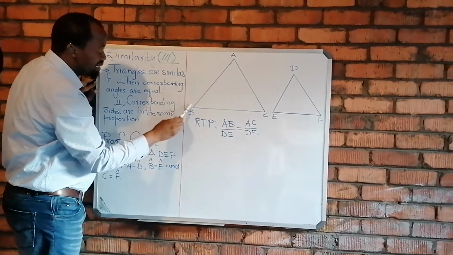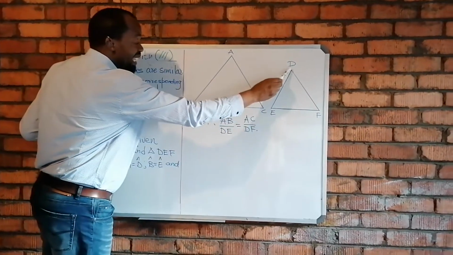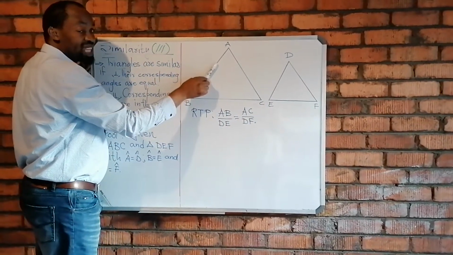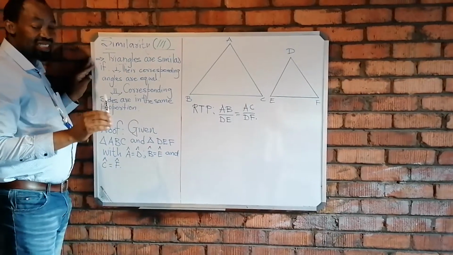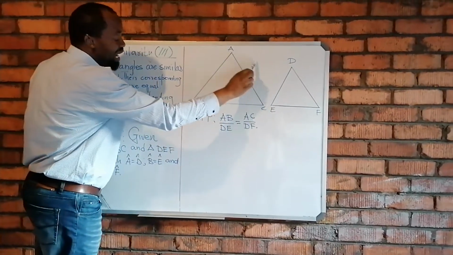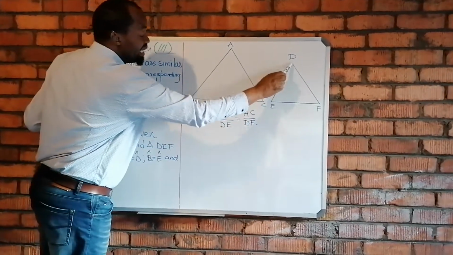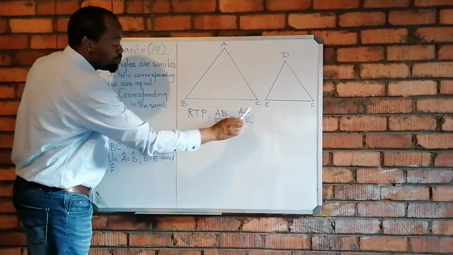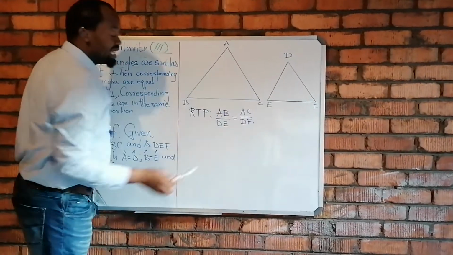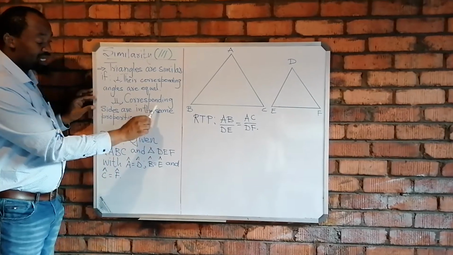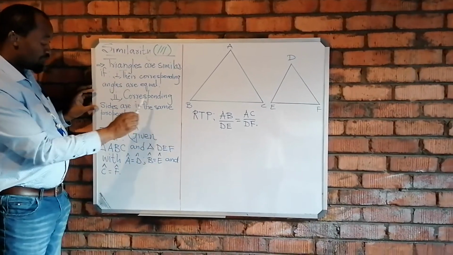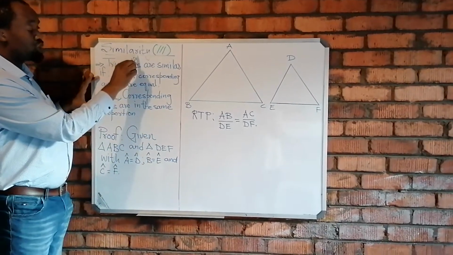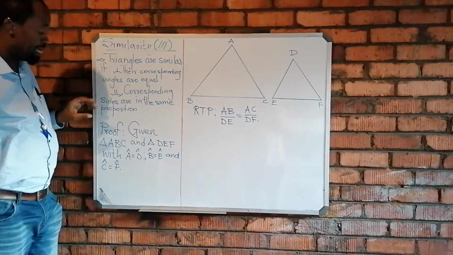When you divide AB by DE, remember now, DE corresponds with AB, you must get the same answer as when you divide AC by DF. Also, your answer must be the same as BC divided by EF. Then you know that the corresponding sides are in the same proportion. Therefore, the two triangles will be similar.